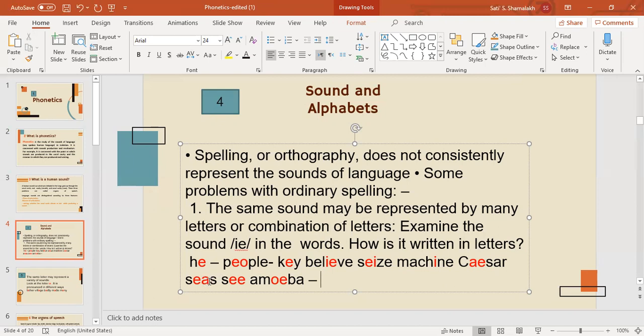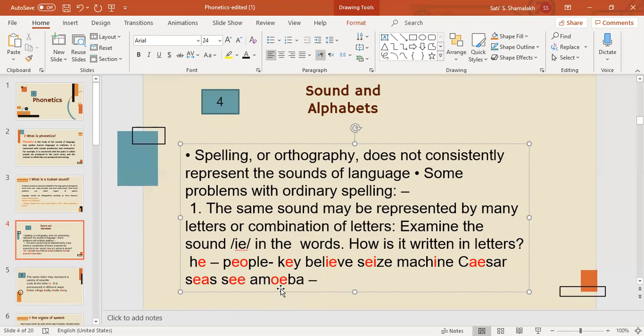Sea, E-A, the sound E, but the letters E-A. See, double E, the letters E-E. Amoeba, O-E. So you see, many letters or combinations of letters are pronounced in the same way.